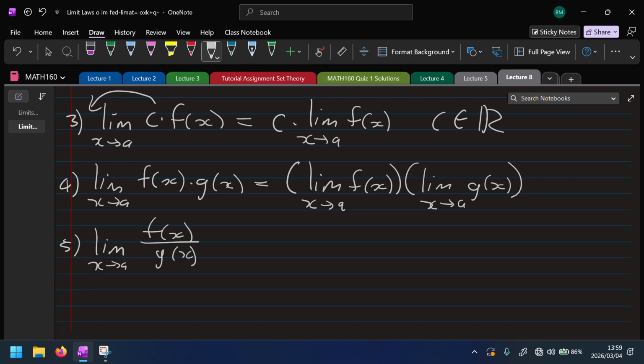Again, if they separately exist, we can write this as the limit x goes to a of f of x at the top, divided by the limit as x goes to a g of x. But here we have another condition, that bottom limit cannot be zero. We don't want to be dividing by zero. So on top of the two of them separately existing, the bottom one cannot have a limit of zero.